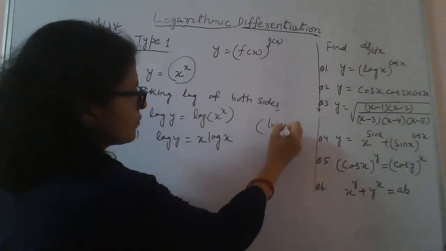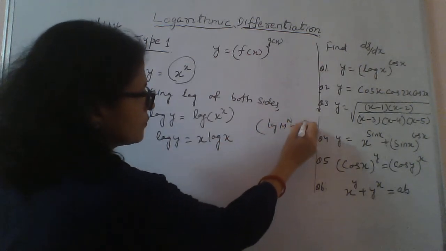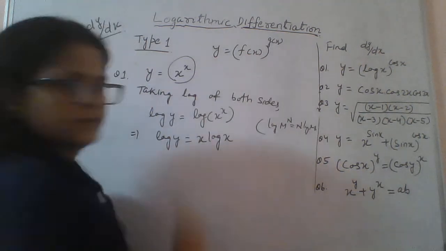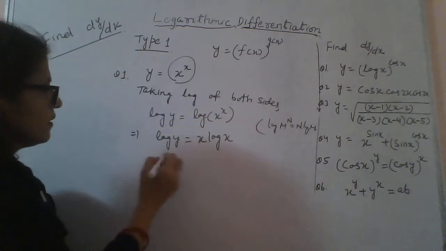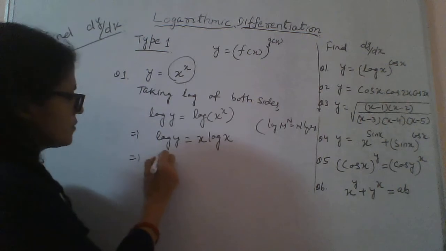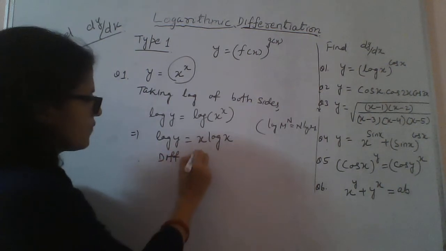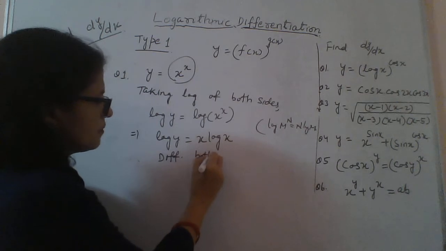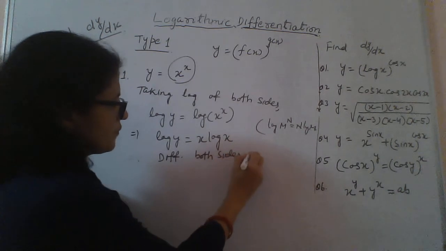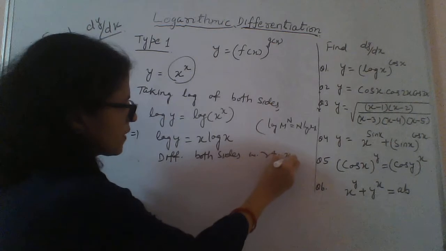Log m to the power n equals n into log m. Clear? So the next step is differentiating both sides with respect to x.